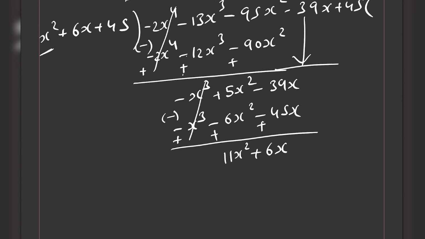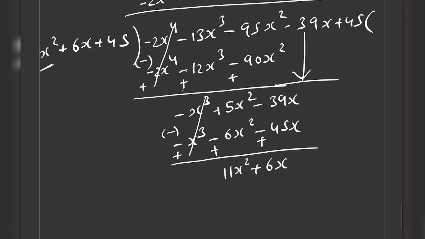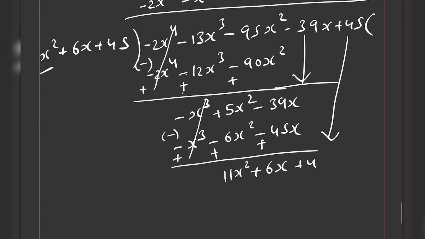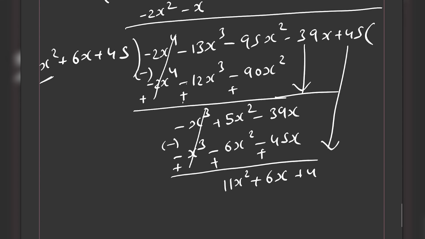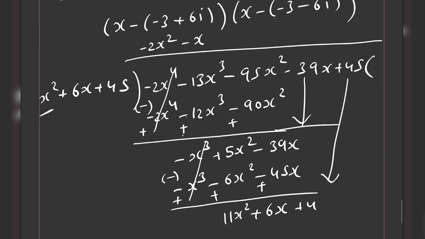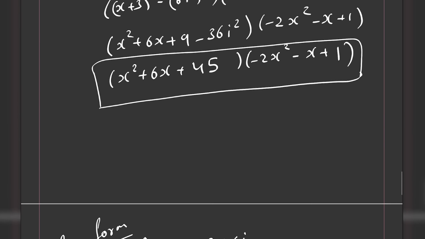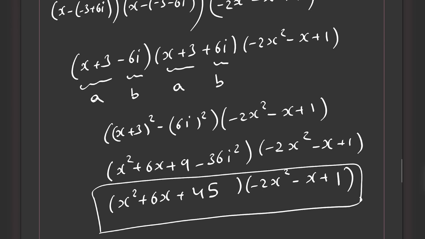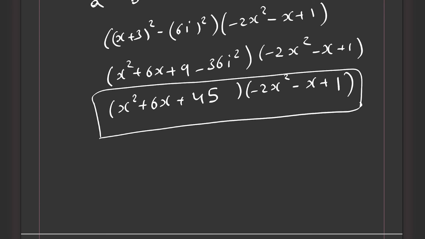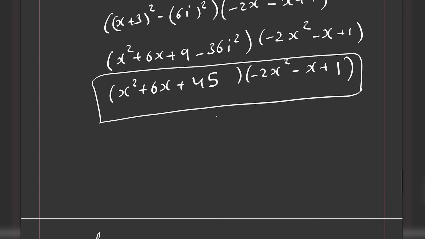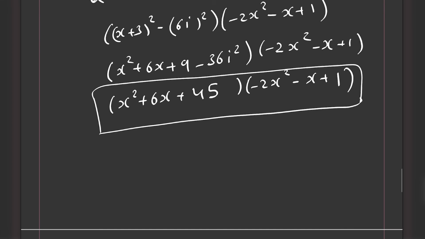Finally I'm going to drop our 45, right? Did I make a mistake? I feel like something is wrong. The coefficient has to be a negative 1 or a positive 1, because the last one has to be positive one.